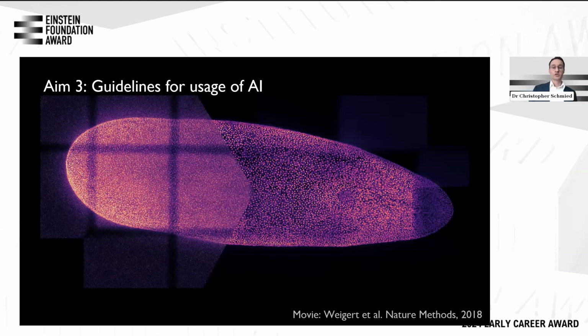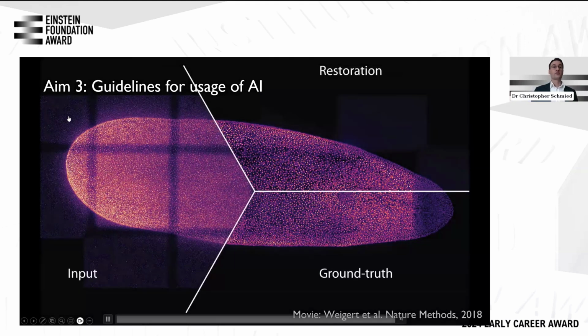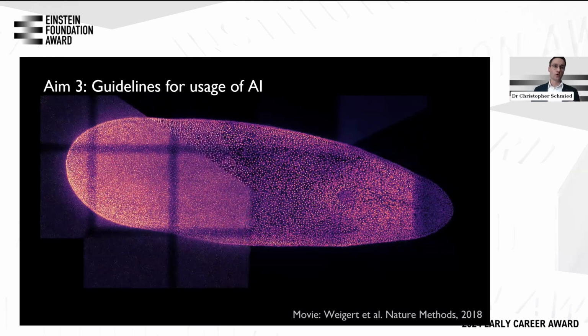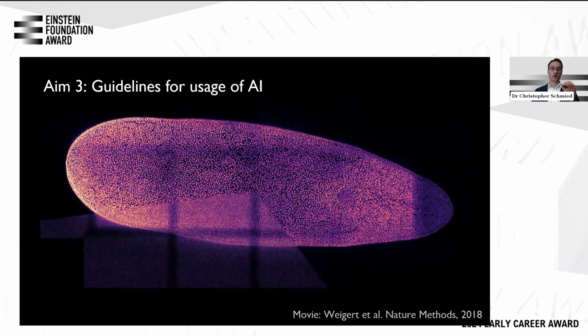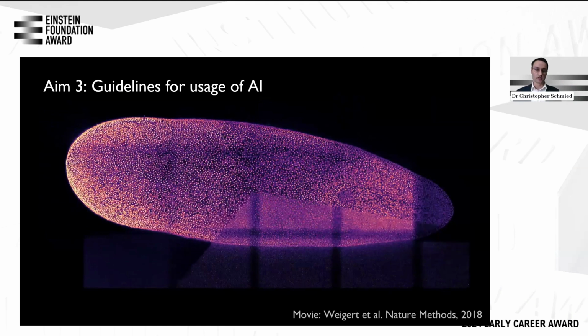This leads to low signal images that are very noisy, here shown on the left. You can see also other imaging artifacts that are unavoidable in this process. Now, with applying machine learning methods, we can restore these low signal images to high signal images.